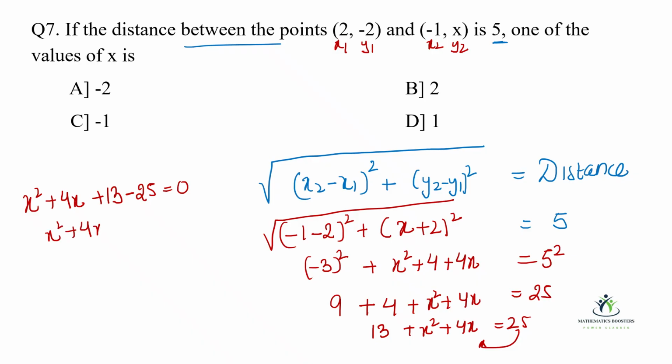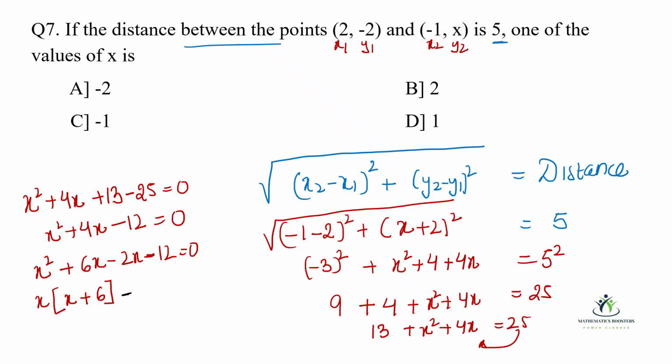X square plus 4x minus 12 is equal to 0. Middle term splitting. 6x minus 2x, minus 12. 6 into 2 is 12. Positive, negative, negative. 6 minus 2 is 4. So this is perfect pairing. Taking x common.